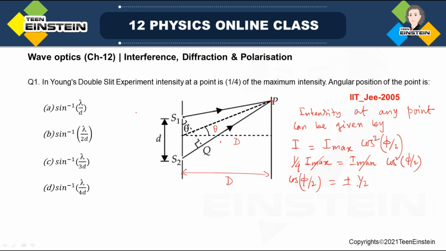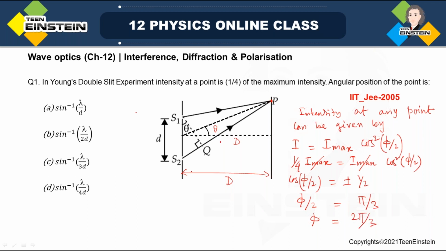So for the time being, let us take the positive value of this. So look, cos phi by 2 will be half only when phi by 2 is pi over 3. That means 60 degrees. So what do we get as phi? phi is 2 pi by 3.